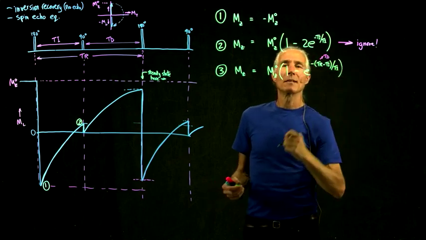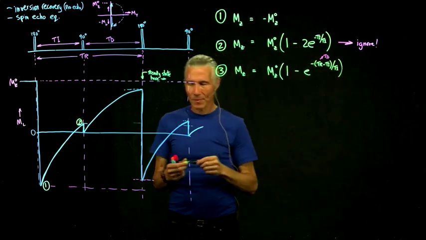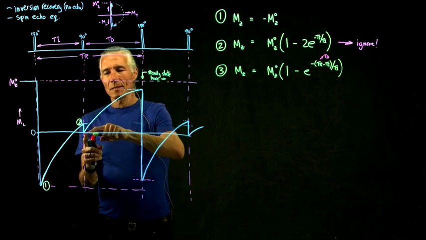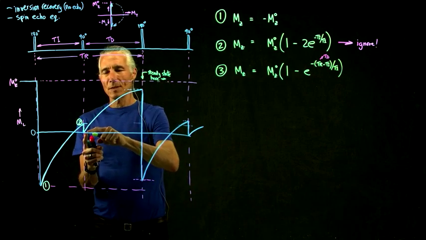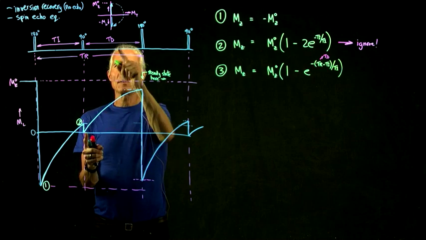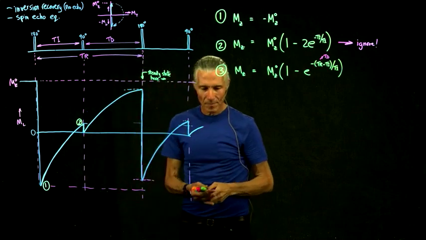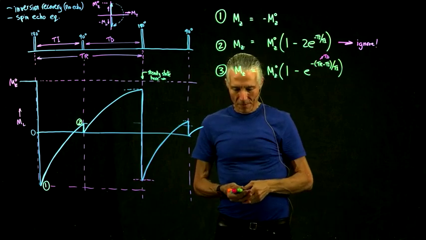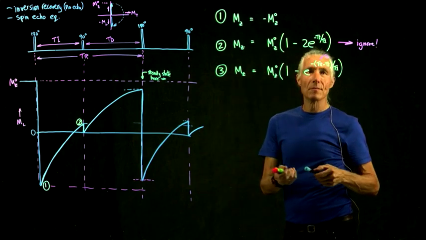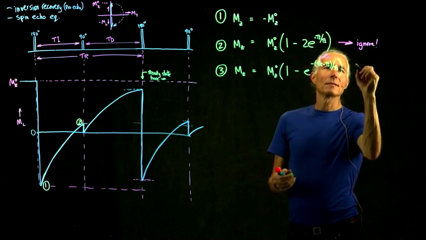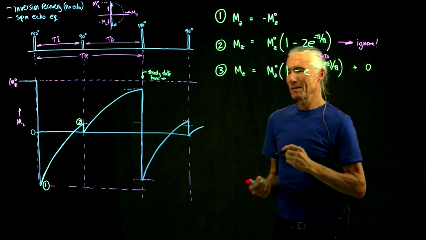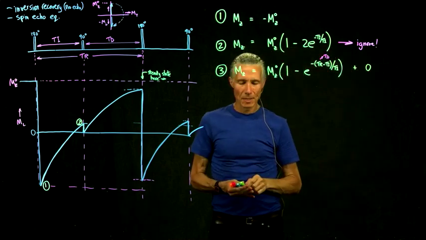Okay, so that's basically just starting with 0, so there's no second Bloch term, recover for a TD, but TD is equal to TR minus TI, plus 0. That's the second Bloch term.